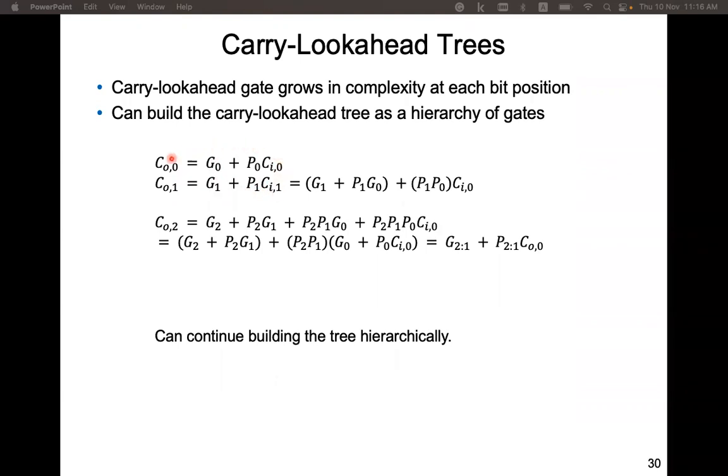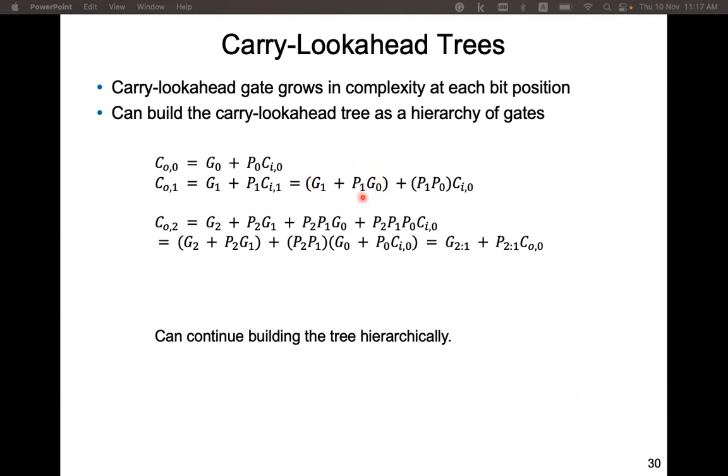And then if we apply CI1, which is CO0, the output of bit 0, and we group the terms in this way, then the first term can be regarded as the generate signal of the group that contains bit 0 and bit 1.